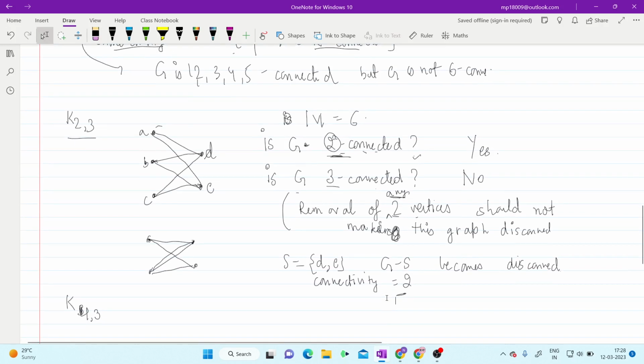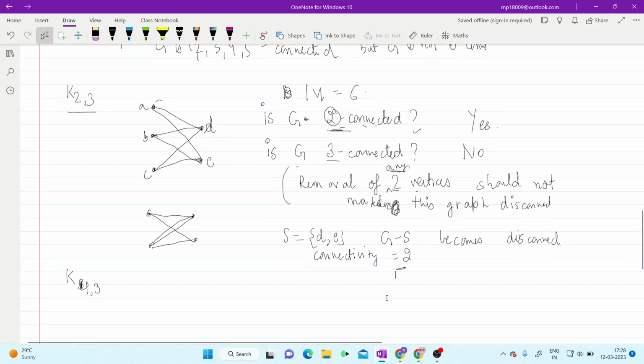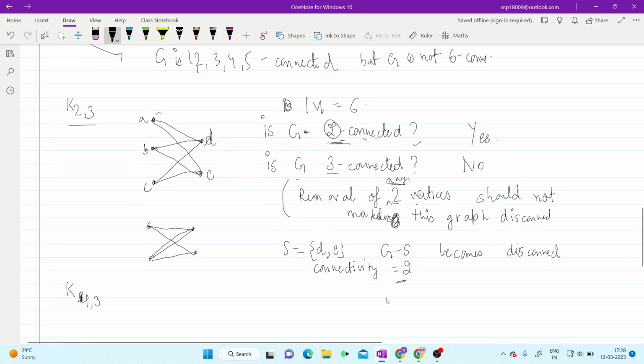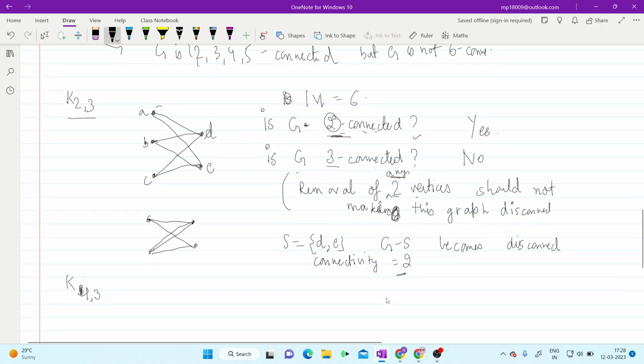Is it okay? Here, this graph has connectivity two, so it is not 3 connected. But if a graph is 3 connected, then connectivity cannot be equal to two.